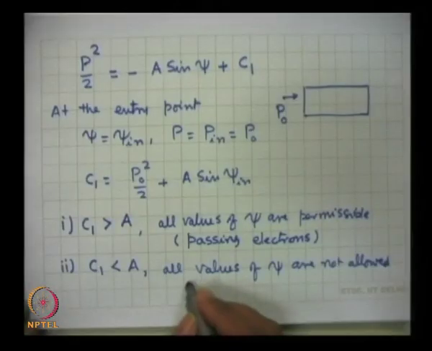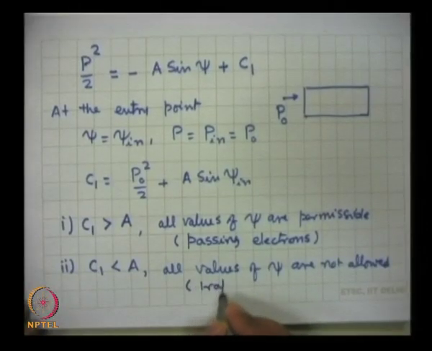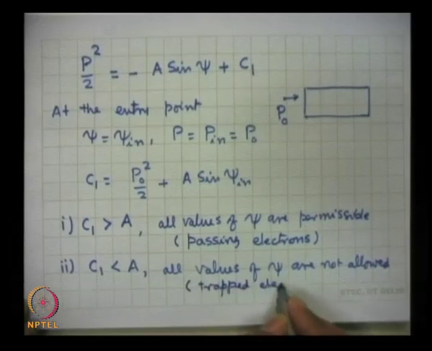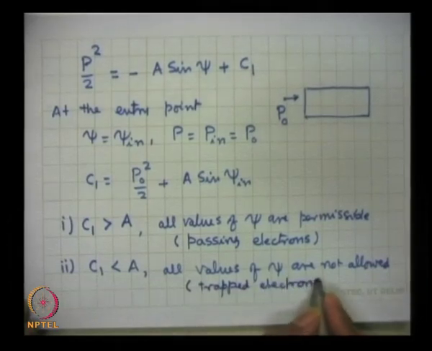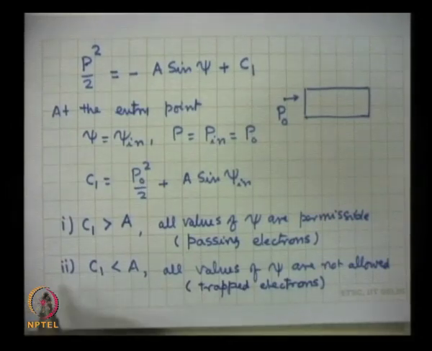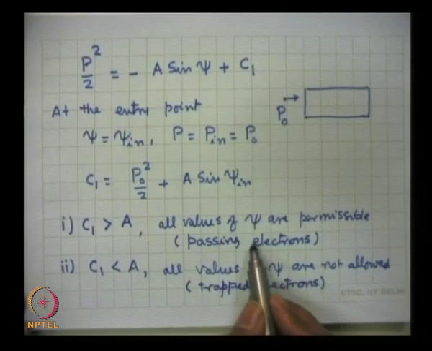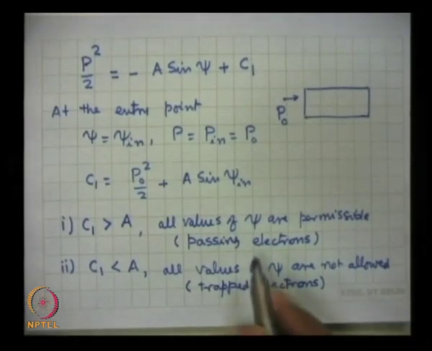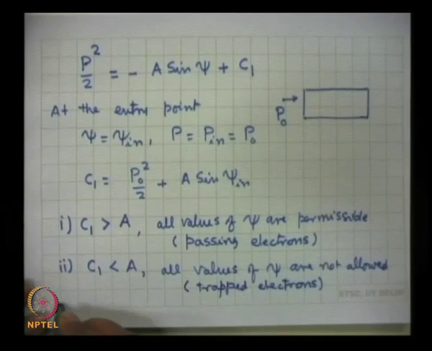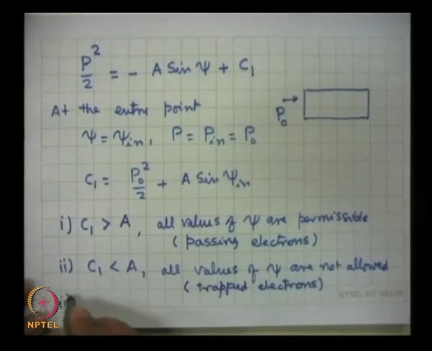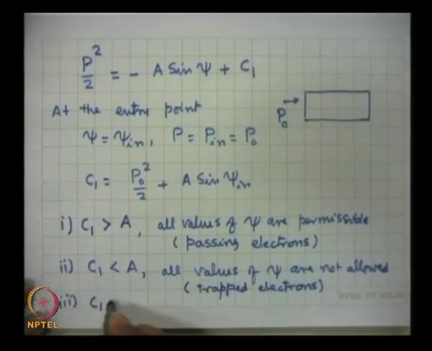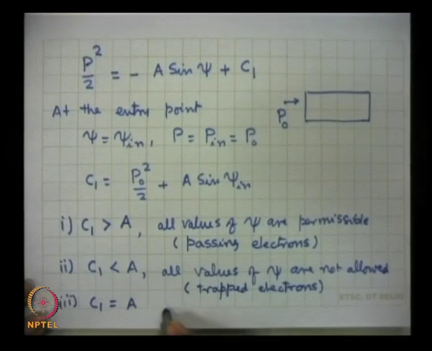Such electrons are called trapped electrons. And the third case is the one that is the boundary between trapped and untrapped electrons, and that decides the separatrix. C1 is equal to A gives the separatrix.